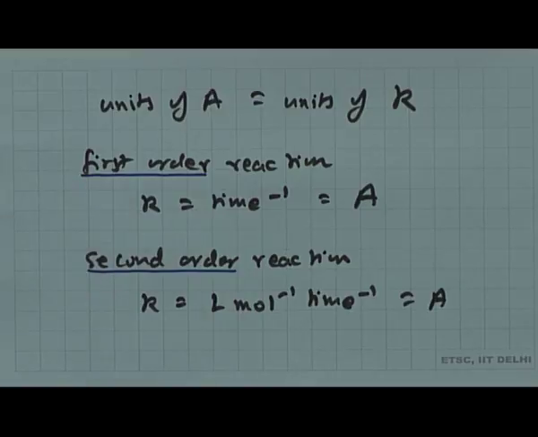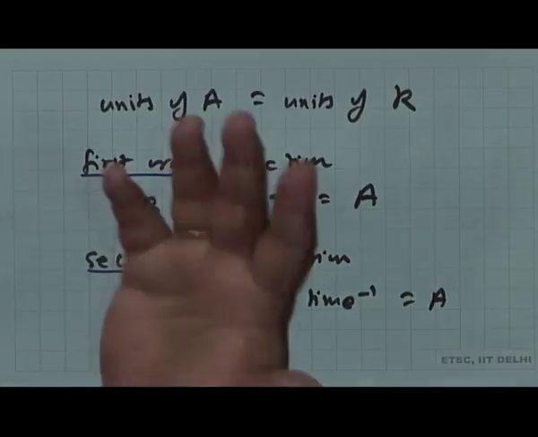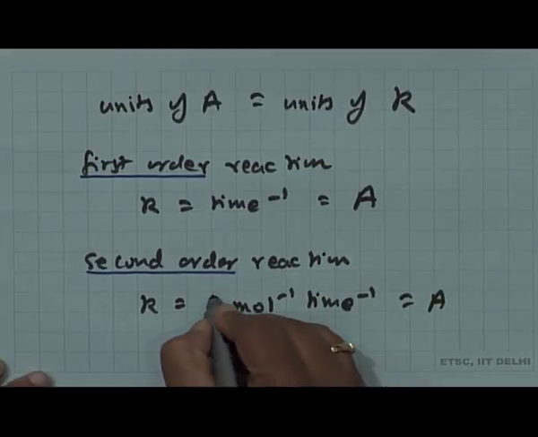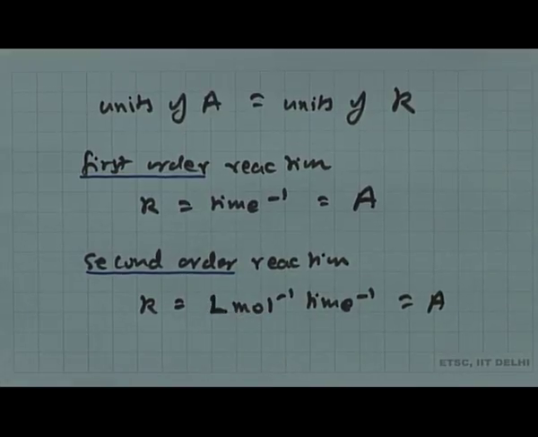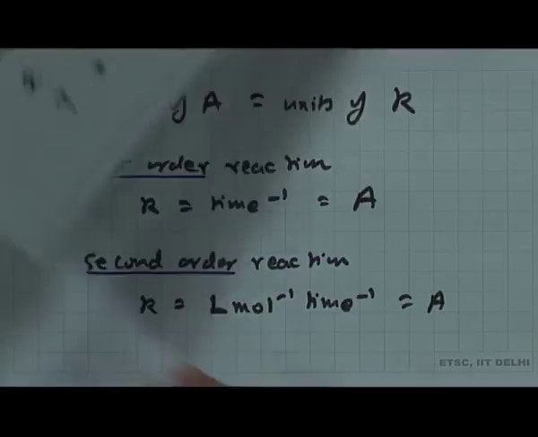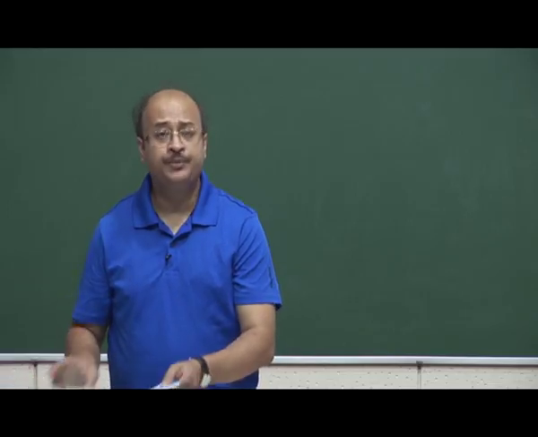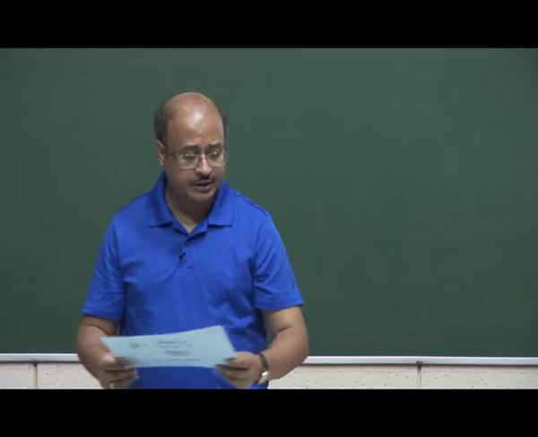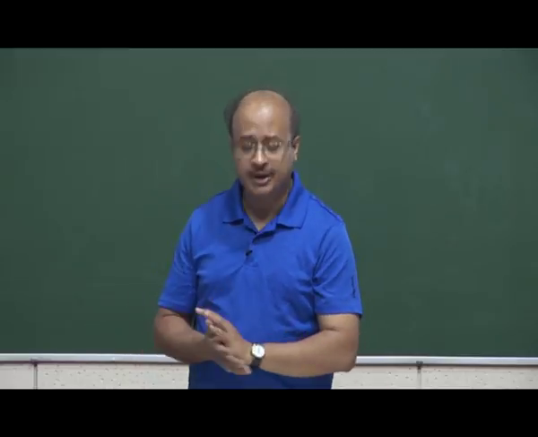If it is a first order reaction, then A is just the inverse of time. If it is a second order reaction, then it is liter per mole per time, and so on. So this was about the expression in terms of the units, just to cross check.